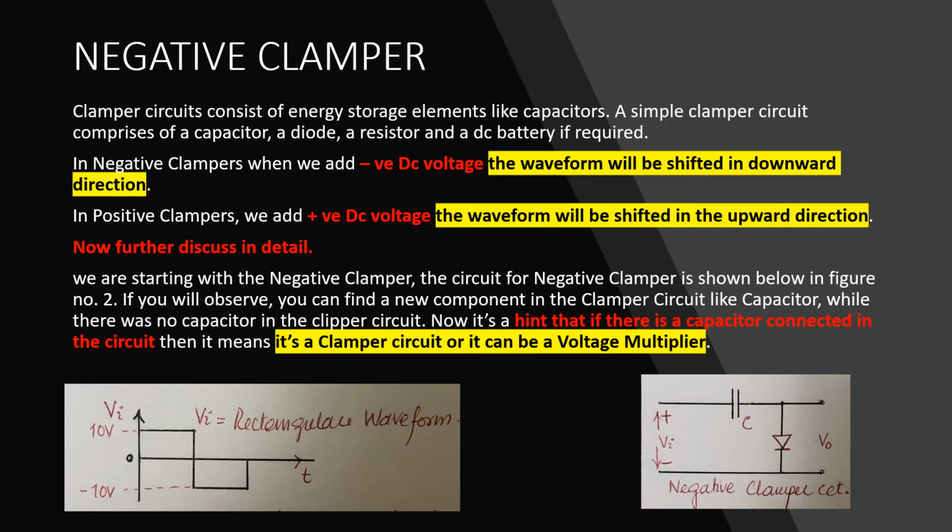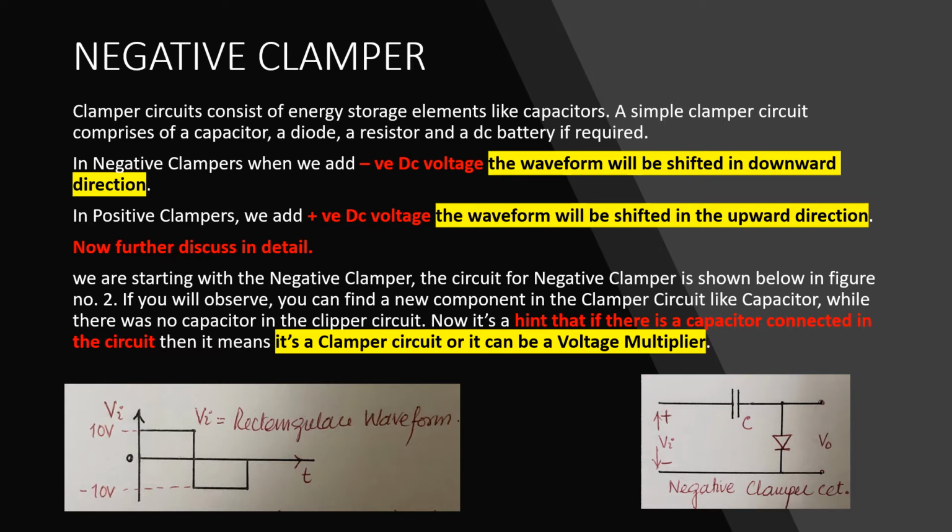Now let's discuss in further detail. We are starting with the negative clampers. The circuit for the negative clamper is shown below in figure number 2. If you observe, you can find a new component in the clamper circuit, a capacitor, while there was no capacitor in the clipper circuit.